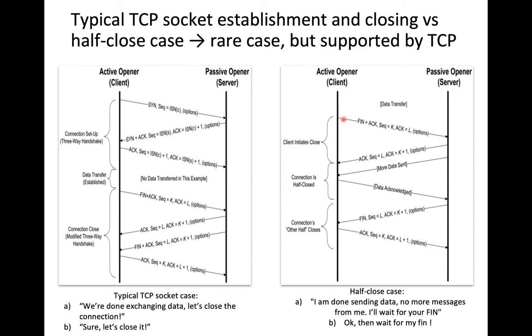This one side sends a finishing to the other side or the server. For example, the client sends a finishing towards the server. Though the server acknowledges the finishing from the client side, it will still keep sending the data. It will say, okay, I'm fine with not accepting the data from you, but I will still keep sending you the data until my data is finished.